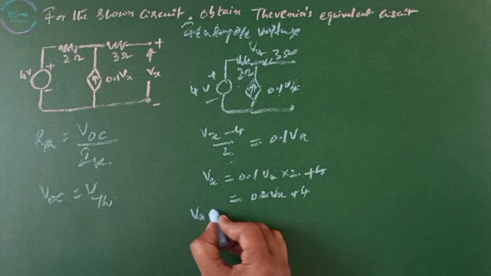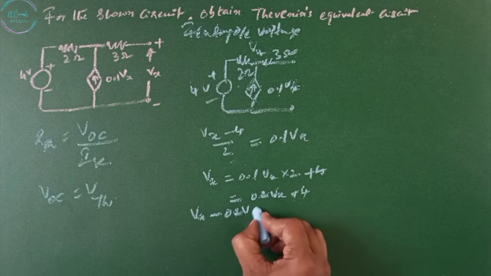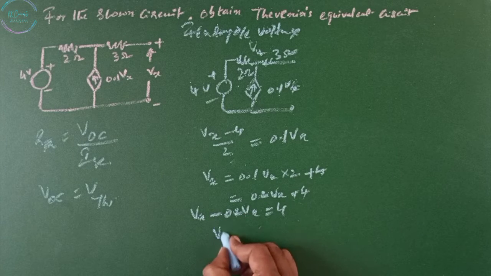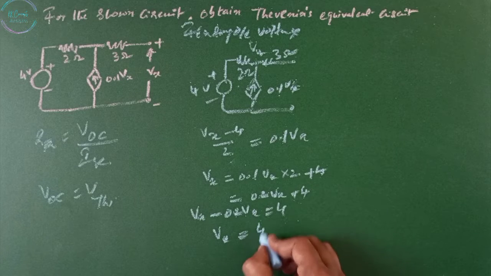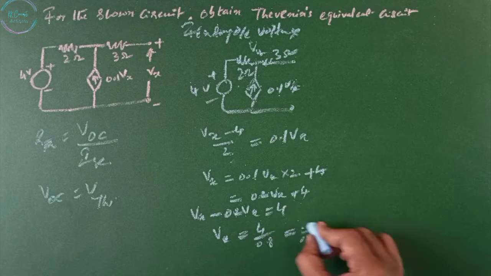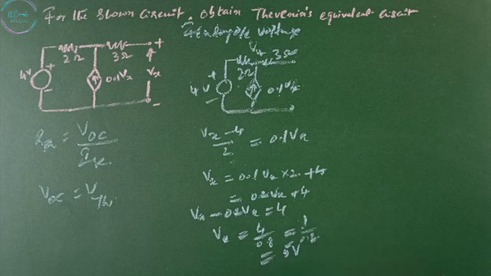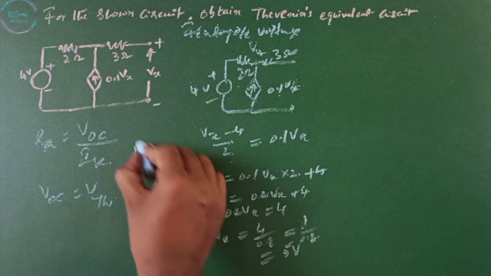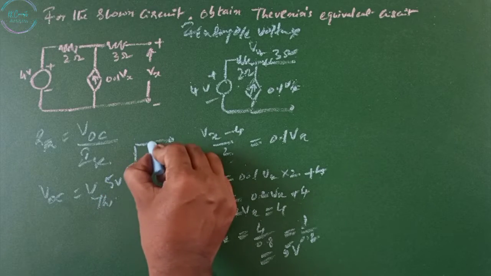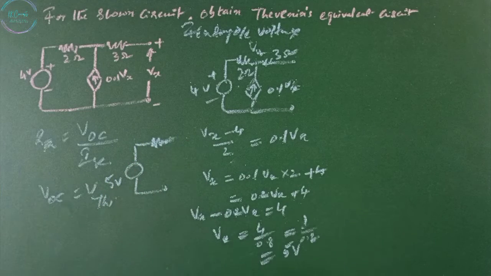Then Vx minus 0.2 Vx equals 4, or Vx equals 4 divided by 0.8, or 1 by 0.2 equals 5 volts. This is 5 volts. Now RTH we need to find out.